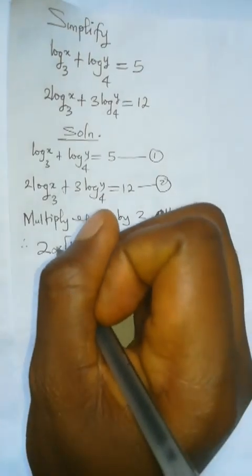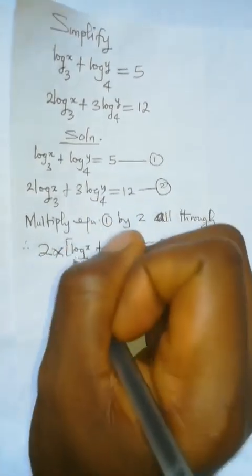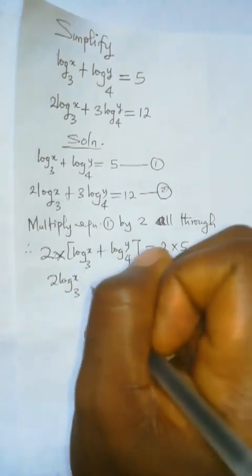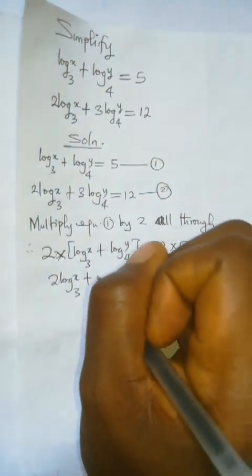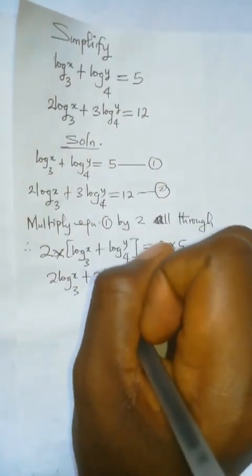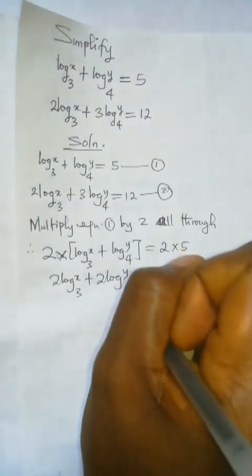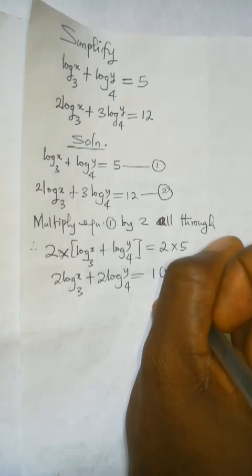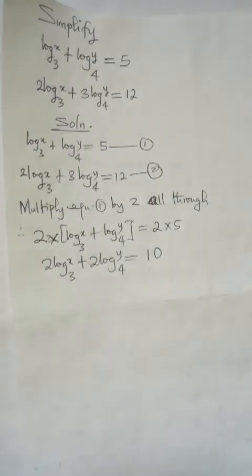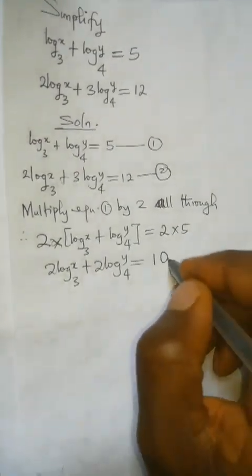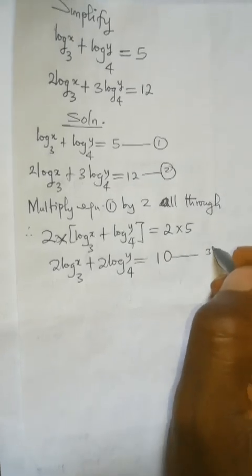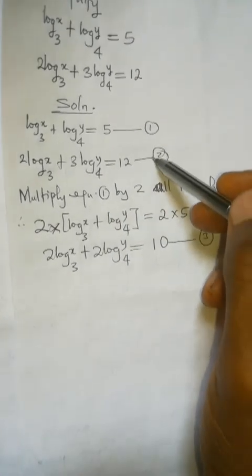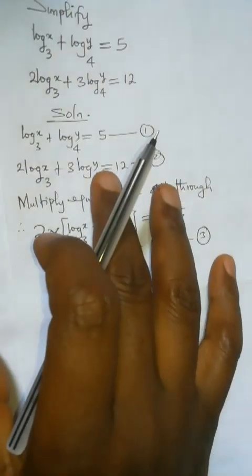So 2 times this, we have 2 log x base 3, plus 2 times this, we have 2 log y base 4, and 2 times 5, we have 10, as you can see. So let's call this our equation 3.